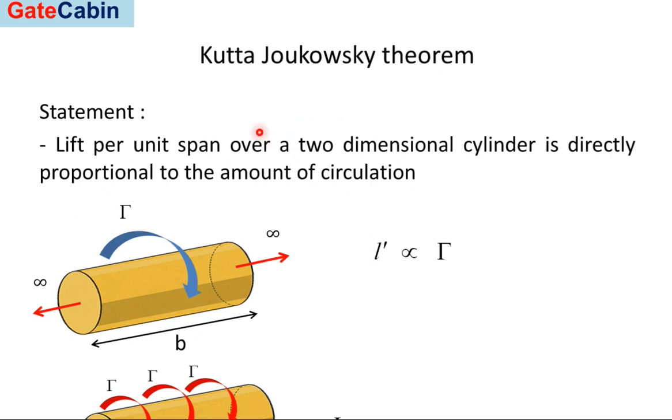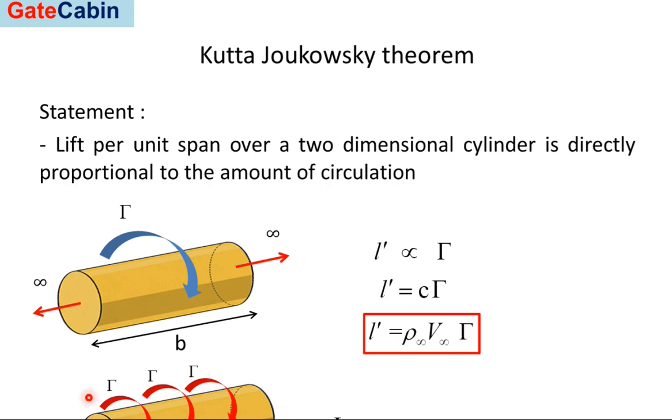And according to the Kutta-Joukowski theorem, it is directly proportional to the total or resultant value of circulation, which could be uniformly distributed somewhat like this over the entire surface of the object, right? And to remove this proportionality, we came up with an equation, and this constant term is represented like this. So according to the Kutta-Joukowski theorem, lift per unit span actually implies that in every centimeter or every unit length of a cylinder, the value of lift can be calculated from the value of circulation or total circulation.